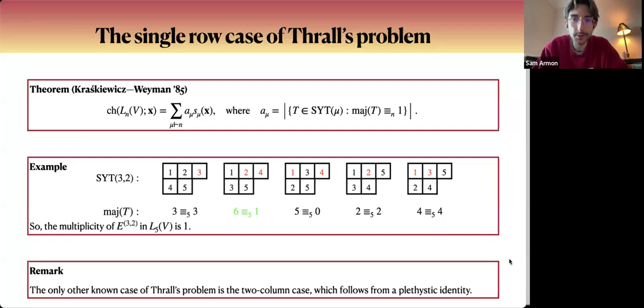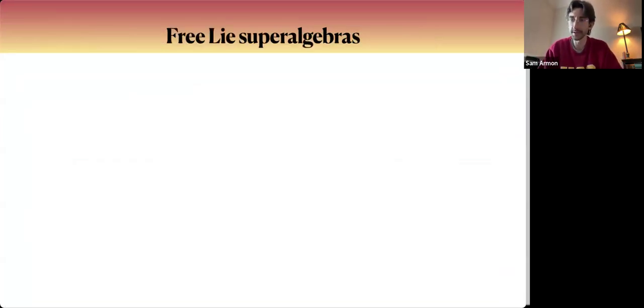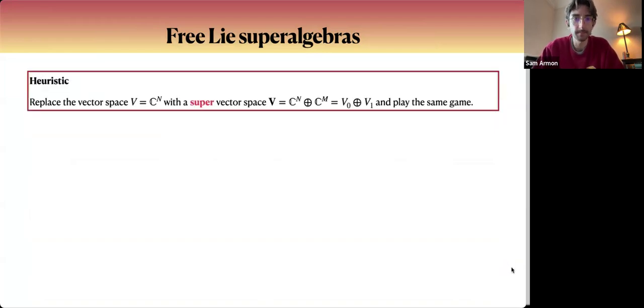Okay, so now I want to introduce the generalization of Thrall's problem that we considered. I guess the guiding heuristic is that instead of starting with a regular vector space V, we're going to start with a super vector space, or a Z2 graded vector space, which I'll denote by bold V. This is just like a vector space that has an even and an odd part, which I'll denote by V sub 0 and V sub 1, and just try to play the same game that Thrall originally played.